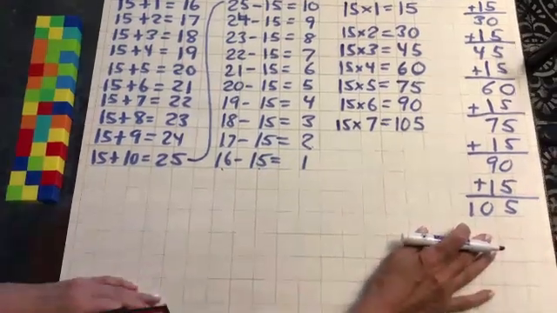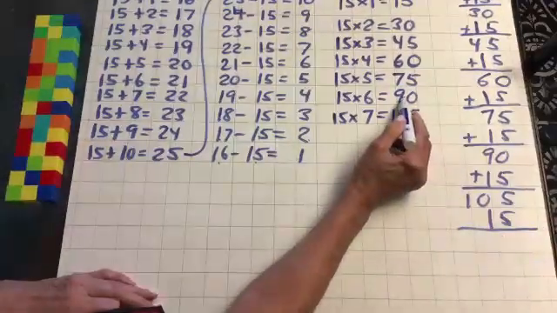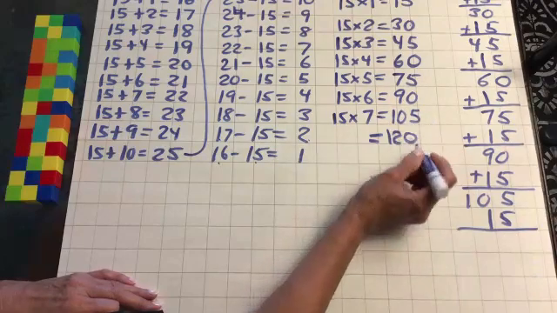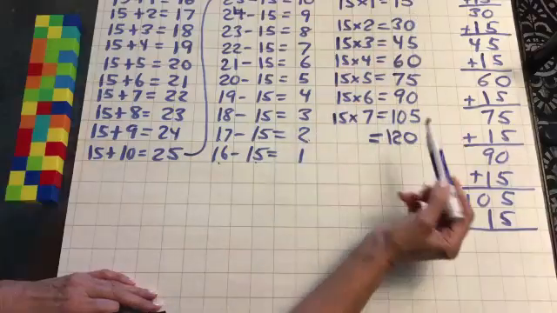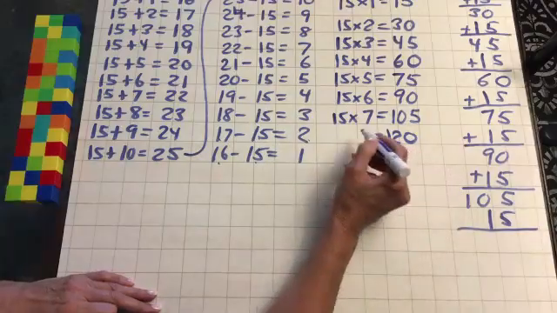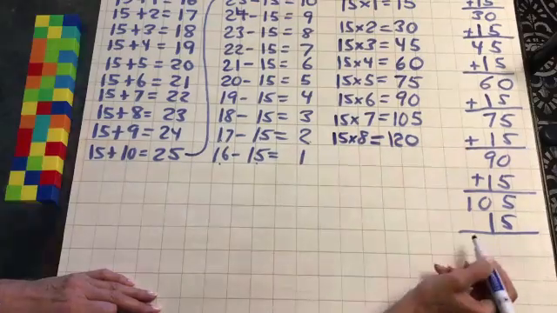Let me go up a little bit, plus 15 equals, well, 30 plus 90 is 120, or 3, 6, 9, 12. We're counting, and every other one is counting by threes. That's another pattern that I see. So it makes it easy.